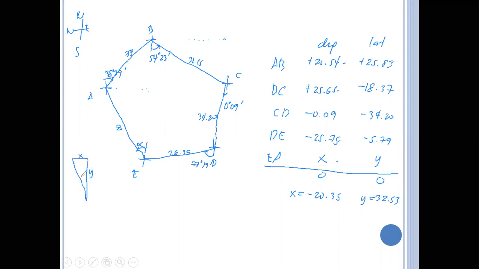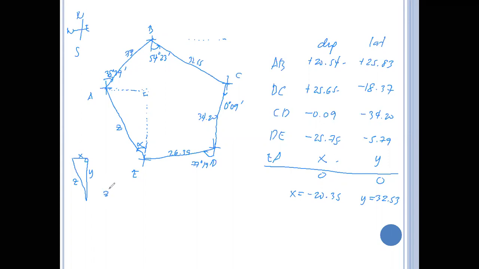And of course, we need to determine the length of the line segment EA. Since this is a right triangle, this is the x, then this is the y.